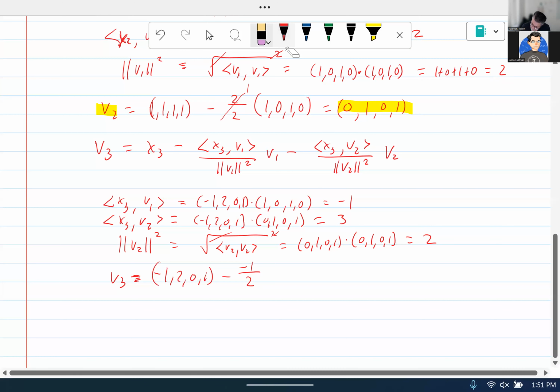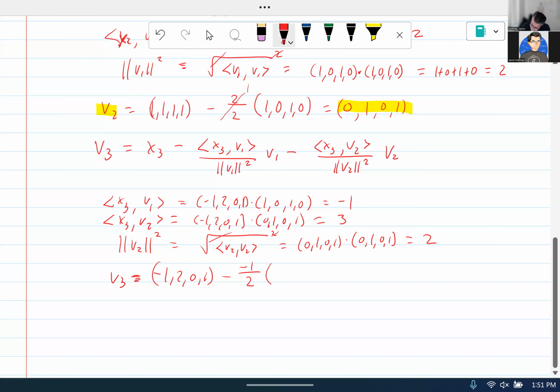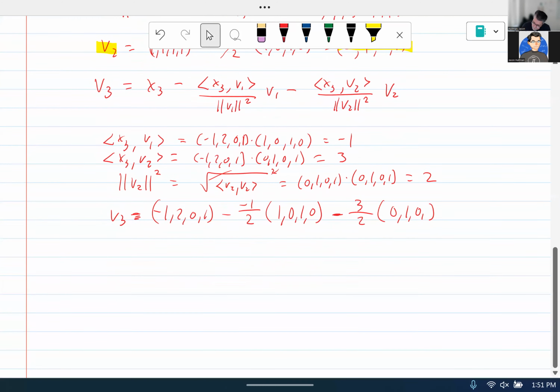And then times v1, which was 1, 0, 1, 0. Minus, 3 is the next numerator, and then the denominator is v2 squared, which is 2, and that's going to be times v2, which we found to be 0, 1, 0, 1.